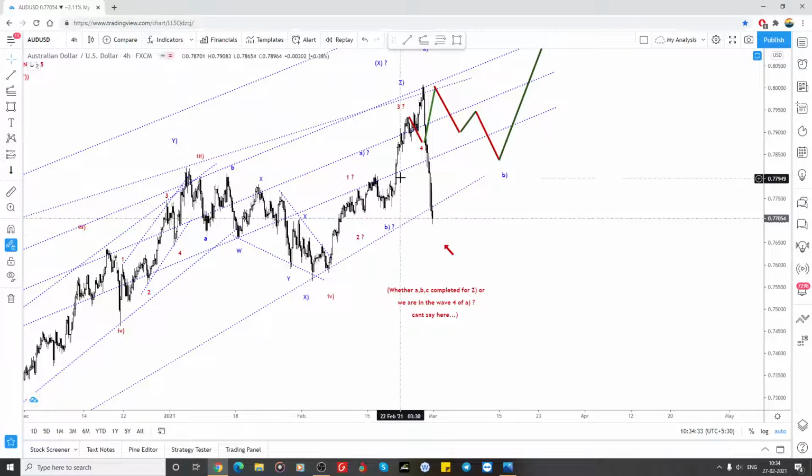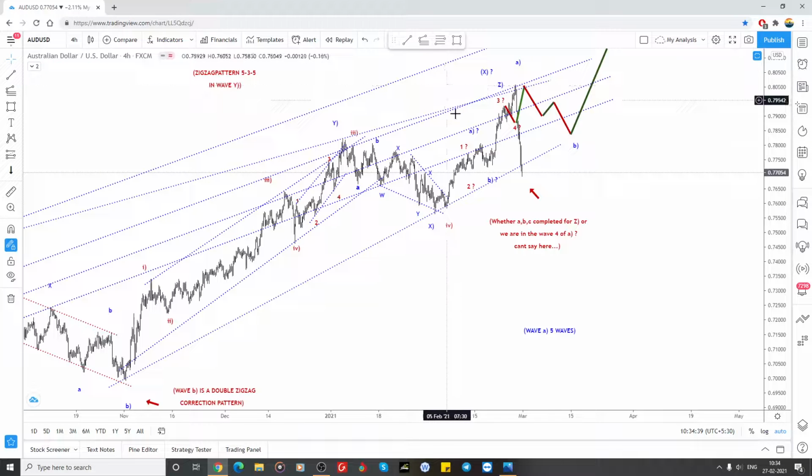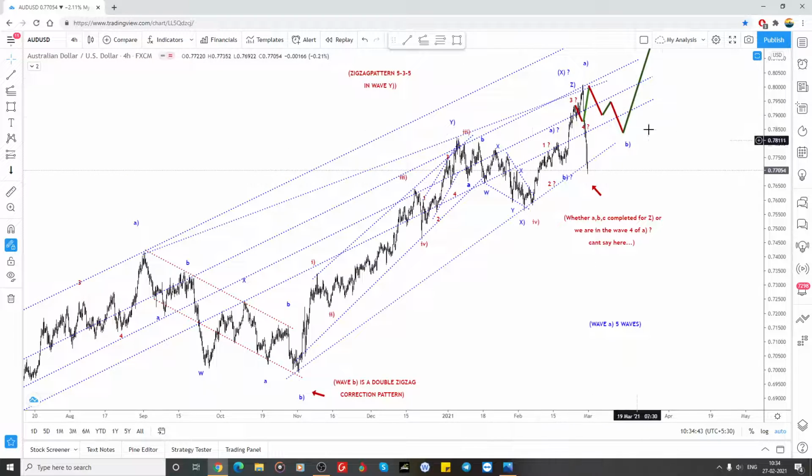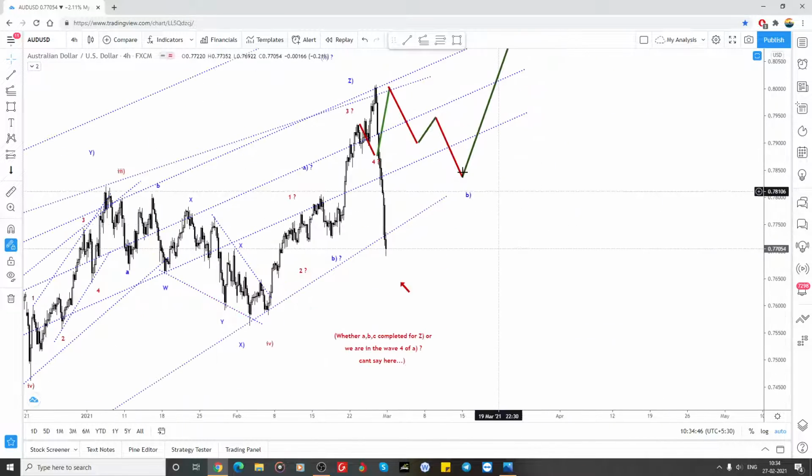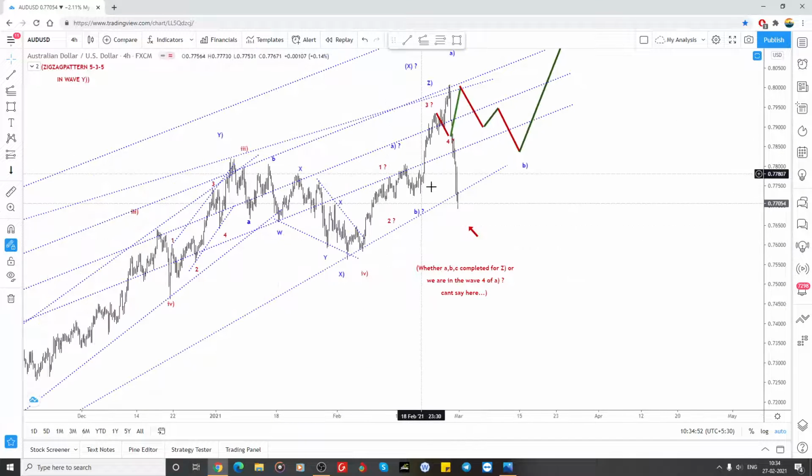As per my view, it is looking like an ABC, and one 3-wave structure has ended. If it were a 5-wave structure, that would be another A, B and C. That was my previous view, but here it didn't continue and completed only the 3-wave structure. So this could be A, B and C.